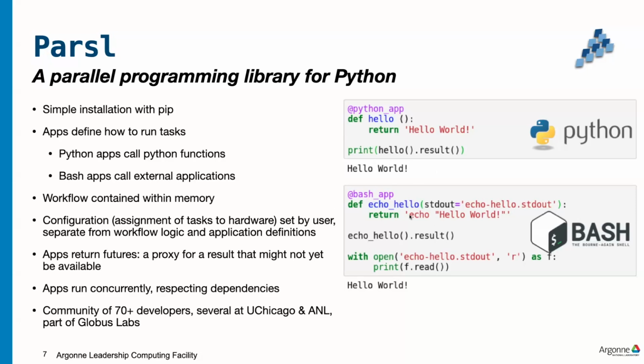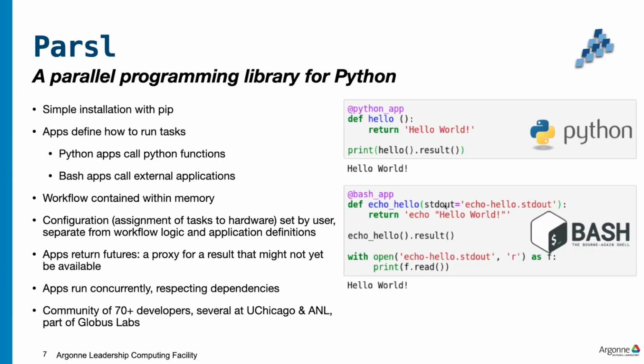For this bash app, you can replace this with your call to NekRS or LAMMPS or GROMACS or whatever compiled application you're running. And you would just include on this line in this string the inputs, which you could pass to this Python function as inputs to the function.